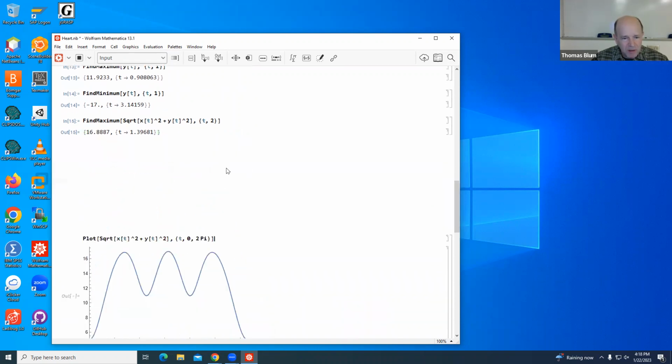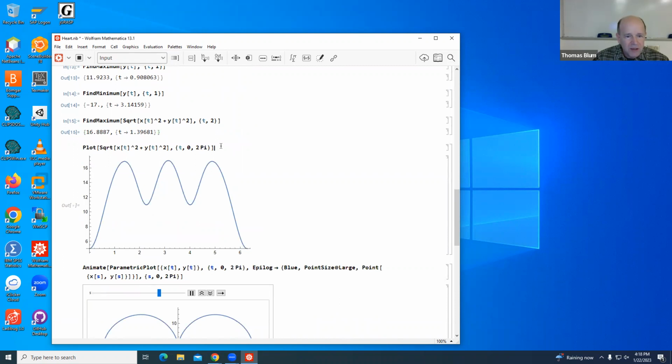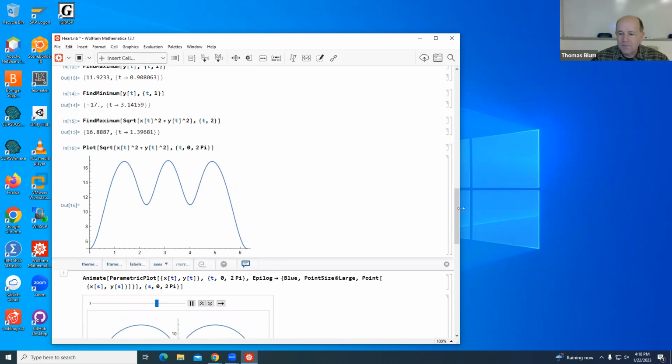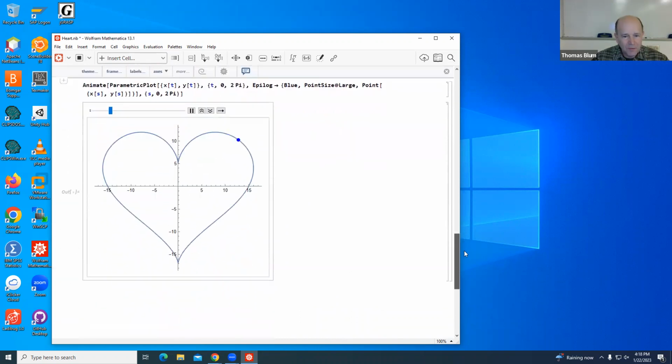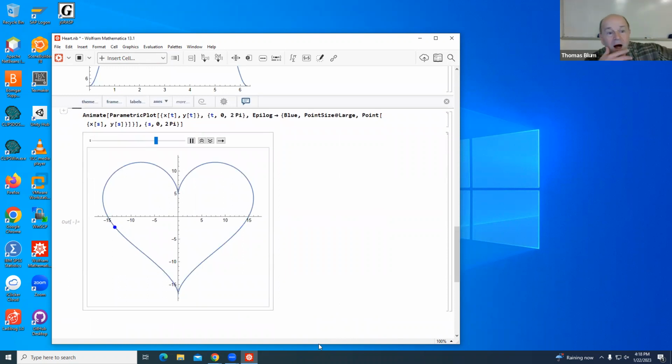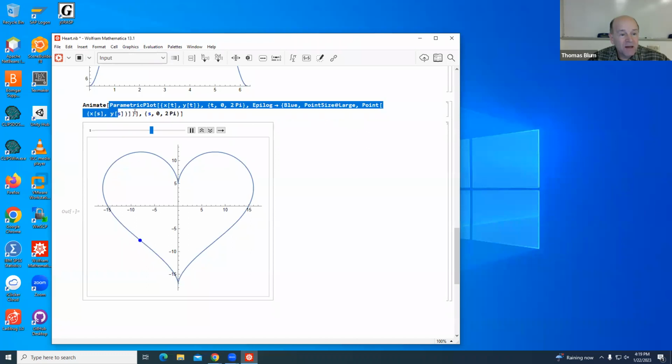That was me plotting the radius, if you will. Okay, and then I decided to play one more game for fun. Here was the parametric plot. That was the game I wanted to play. But I wanted to see it traced out in time, and that is Animate.